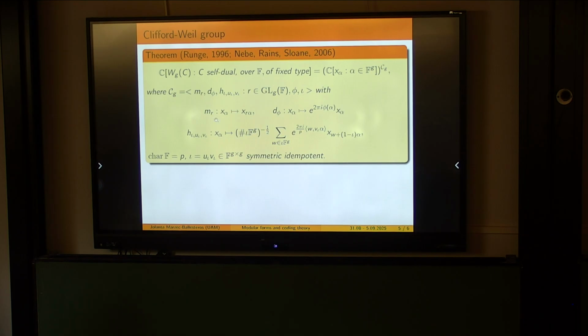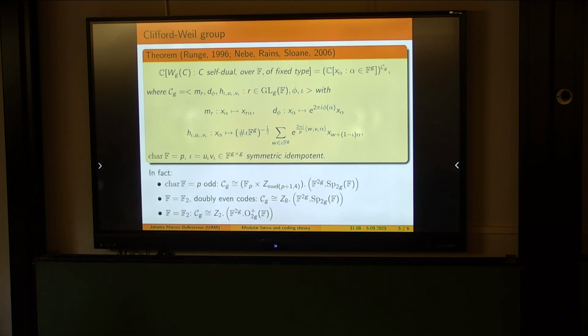So the first type just permutes the variables, the second type multiplies the variable by a suitable root of unity, and the third type is Fourier transform or partial Fourier transform. So that's one way to look at it.